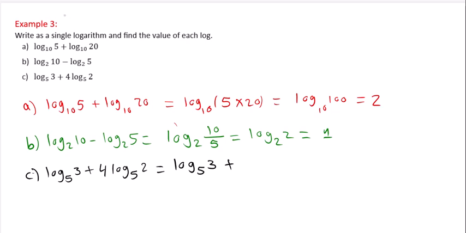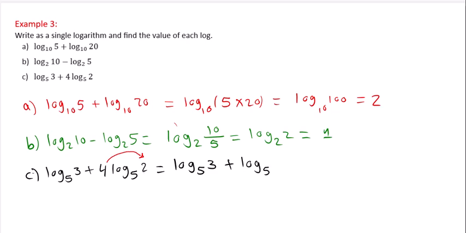And now, let's get rid of this coefficient. Let's undo this coefficient. So here I'm going to take 4 and make it a power of 2, so 2 to the power 4. It will be log base 5 of what?